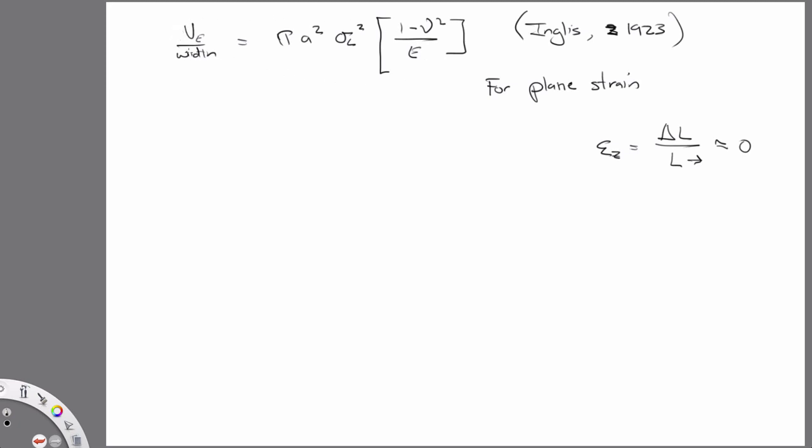Okay. So now we have basically the strain energy divided by width and the surface energy divided by width. We can multiply both sides of the equation by width and then do our energy balance. So our energy balance for a gamma.